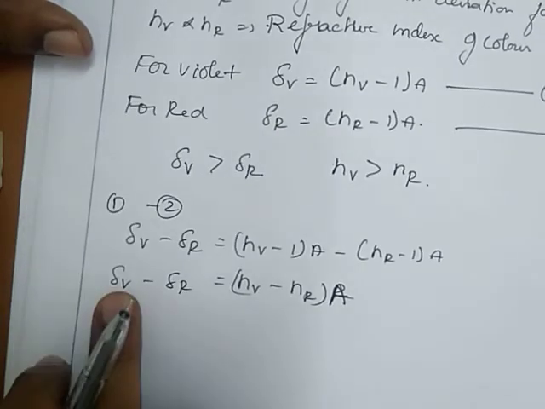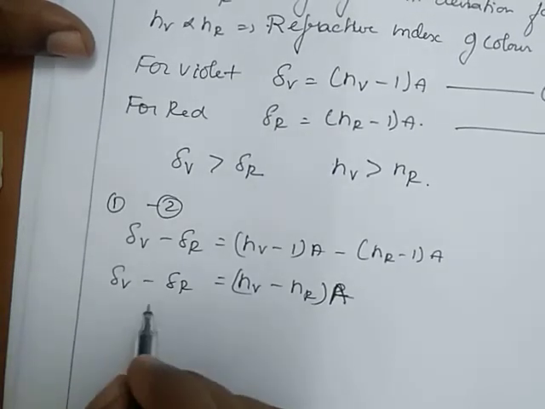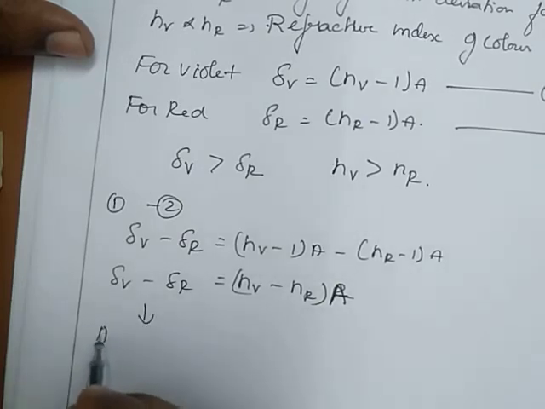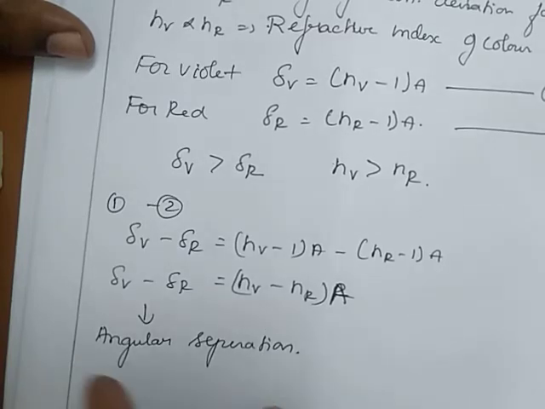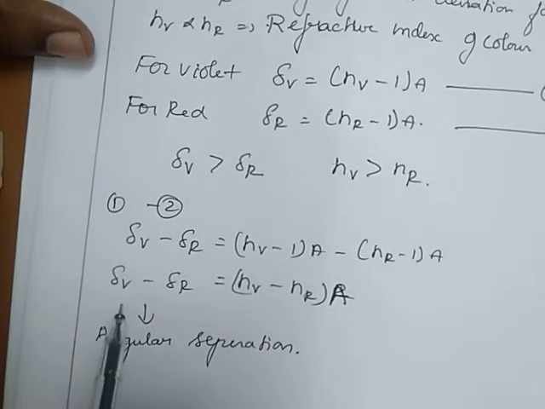Here δV minus δR is nothing but the angular separation. It is the angular separation between the two extreme colors. The extreme colors are violet and red.